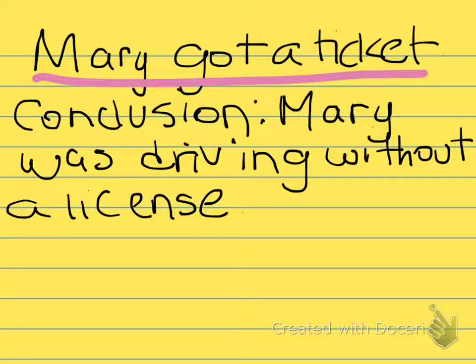Is it always going to be because she didn't have a license, or is there other ways that she could possibly get a ticket? So the conclusion says Mary was driving without a license because of what our given was, but if you think about the law of detachment, there's other scenarios here that would work. So since there's other scenarios here that would work, this actually is going to be an invalid statement.